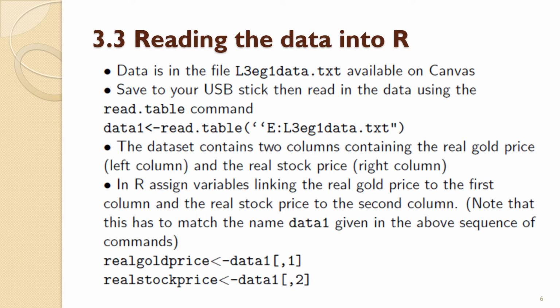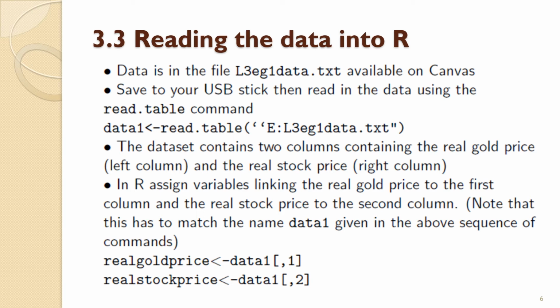The dataset contains two columns, the real gold price on the left and the real stock price on the right. Once you've called this something simple and logical, data1, you call the real gold price the first column, and that is what this first command at the bottom means. And the real stock price will be the second column of the data1 dataset.